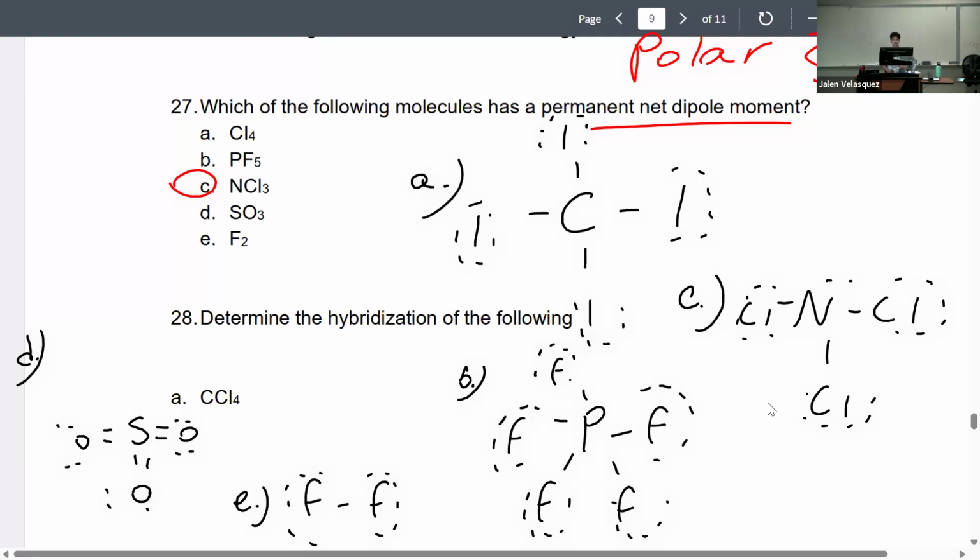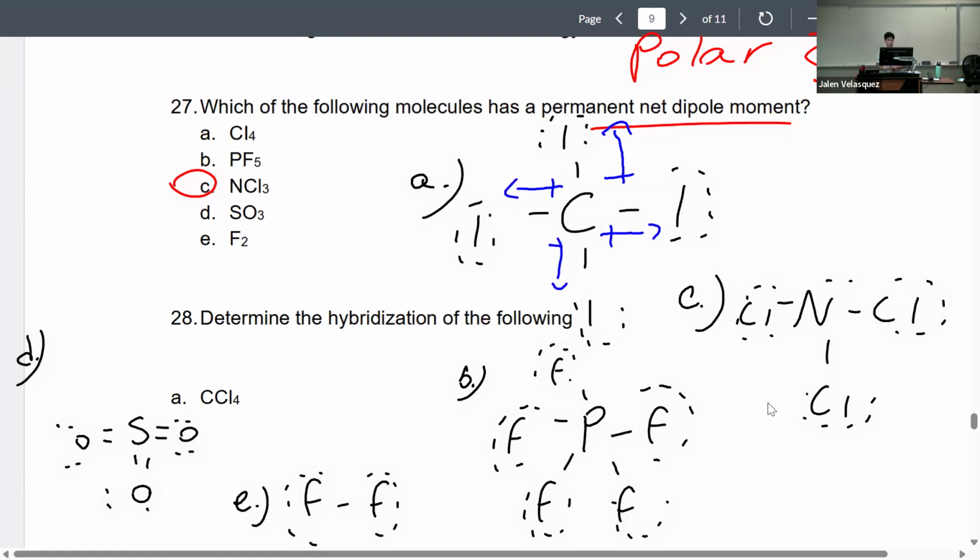What you need to consider is first whether the bond is polar or not, using the difference in electronegativity value, like we did earlier. CI4, the carbon and iodine bond is polar, and we represent a polar bond with the dipole arrow, which always points to the most electronegative atom.